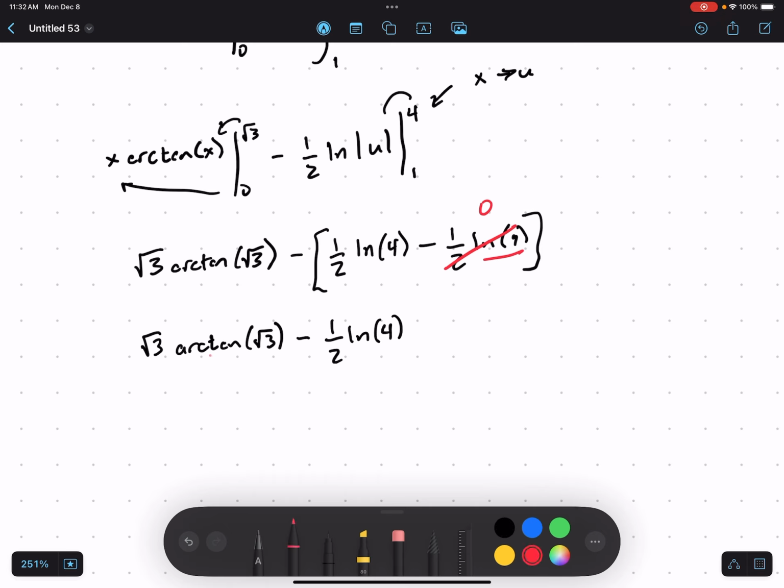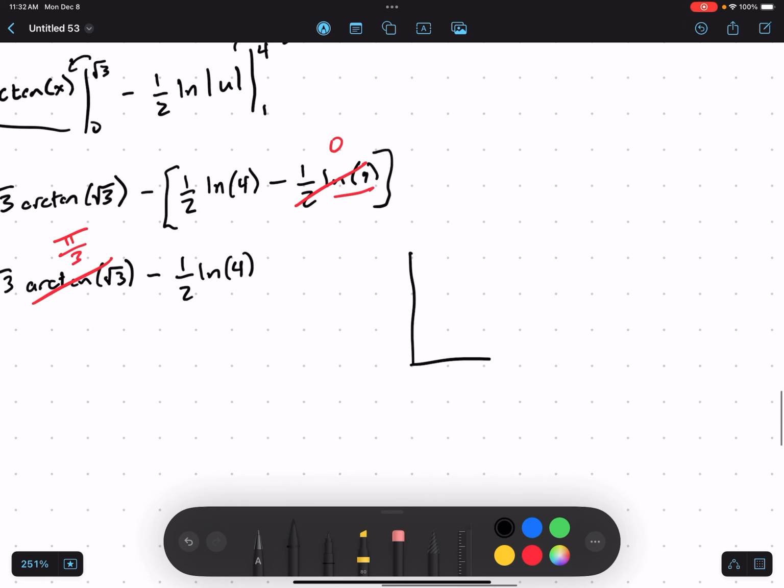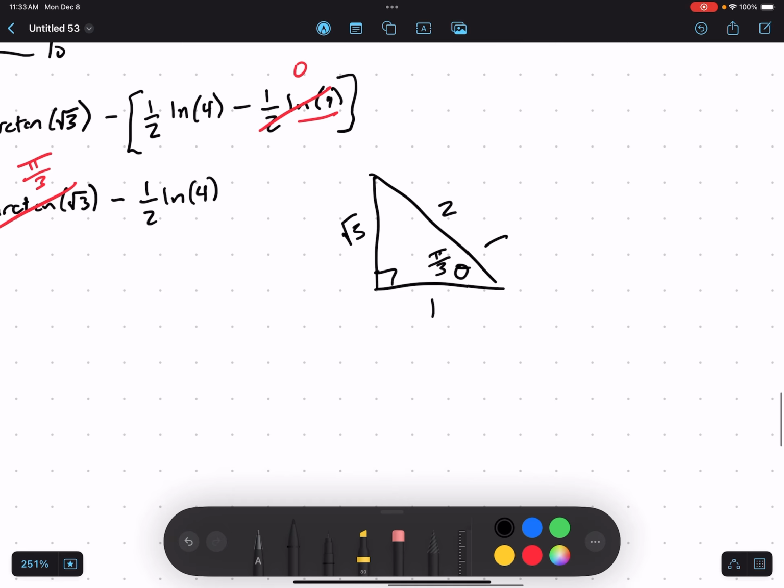And of course, arctan root 3 is just pi over 3. And you can see that by doing a simple triangle. If you say this is pi over 3 here, then what you've got is root 3, you've got 1, and then you've got 2. This also stands for 60 degrees.